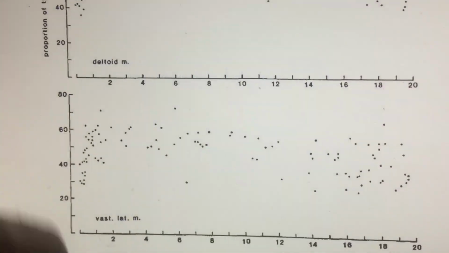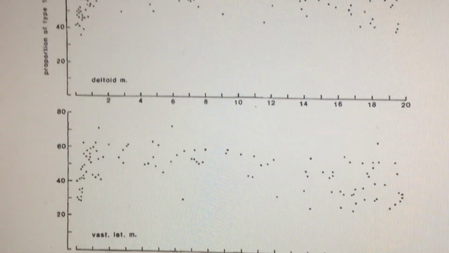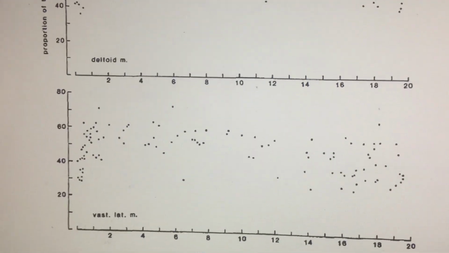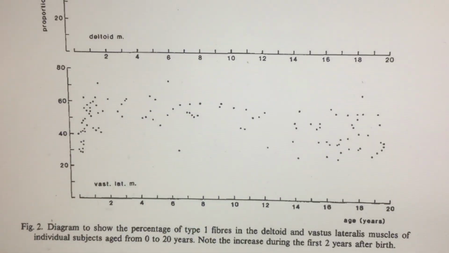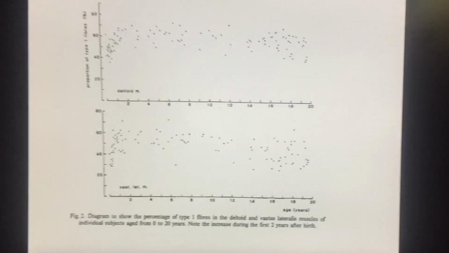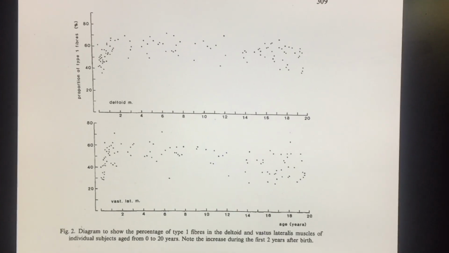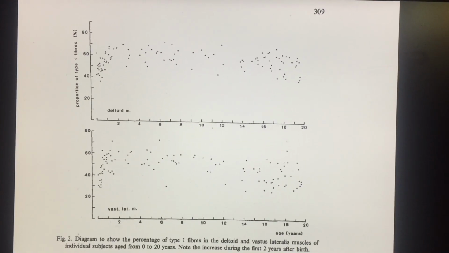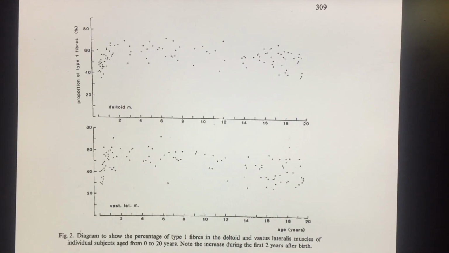So they're increasing their physical activity, and you get that shift from a faster fiber type to a slower fiber type with that increase in activity. And the top graph is just the same thing that you can see happening in an upper body muscle group. So that's the deltoid.